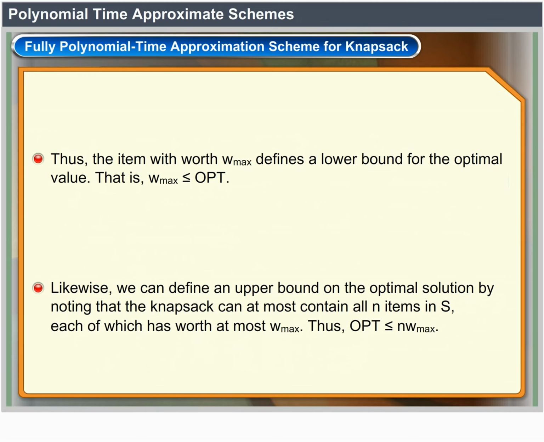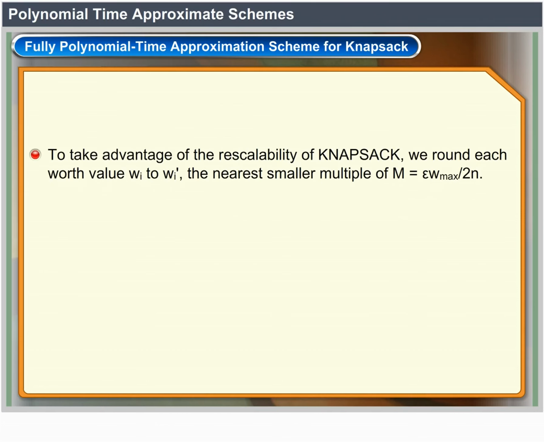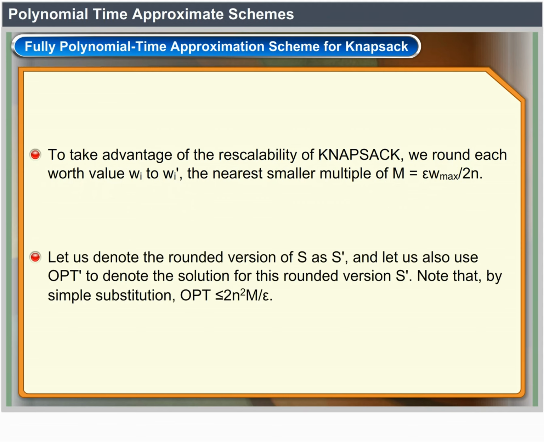To take advantage of the rescalability of knapsack, we round each worth value wi to wi', the nearest smaller multiple of m equals epsilon w max by 2n. Let us denote the rounded version of S as S', and let us also use opt' to denote the solution for this rounded version S'.